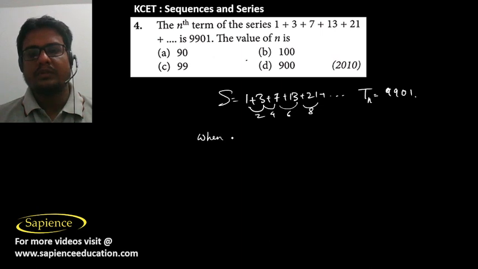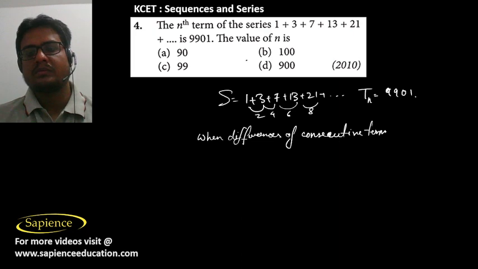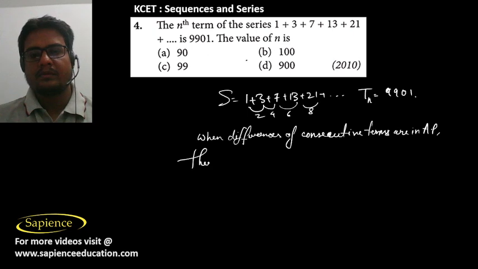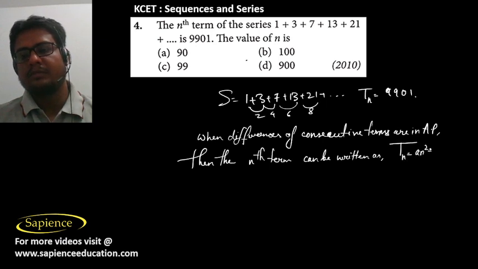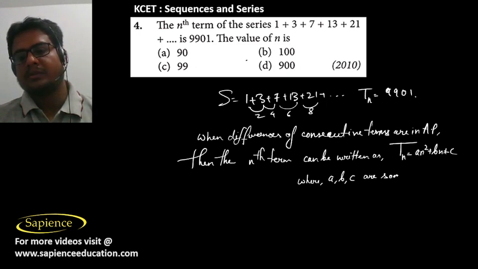So we know that when the differences of the consecutive terms are in AP, then the nth term can be written as Tn equal to an square plus bn plus c, where a, b and c are some constants.